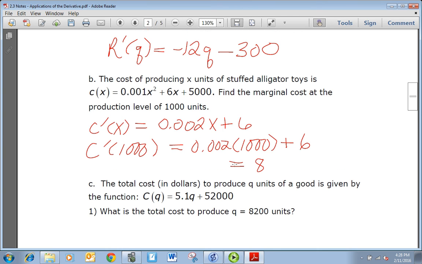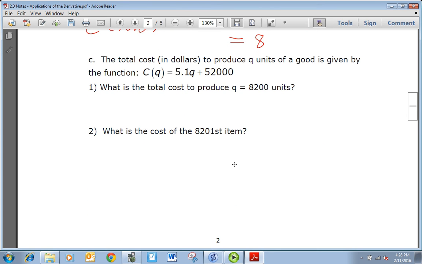Part C, the total cost in dollars to produce Q units of a good is given by the function C of Q equals 5.1Q plus 52,000. What is the total cost to produce Q equals 8,200 units? That's just a matter of plugging in 8,200 into the function. It's not asking for marginal, it's asking for total, and that total cost function is what's given.